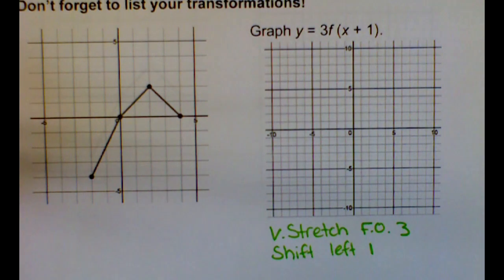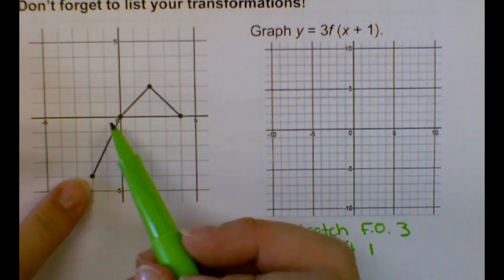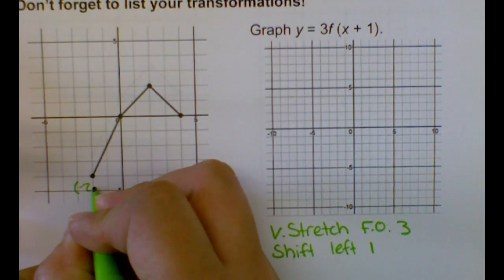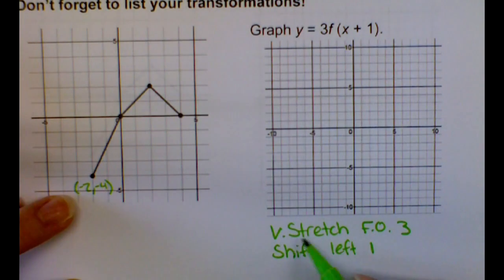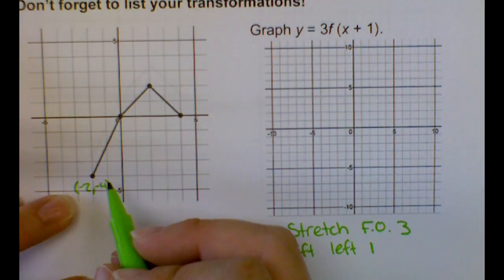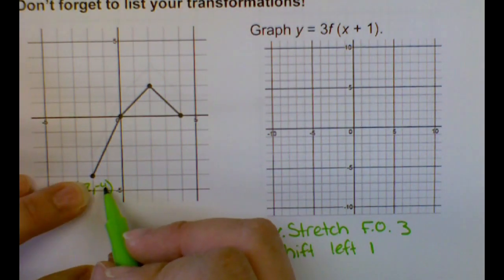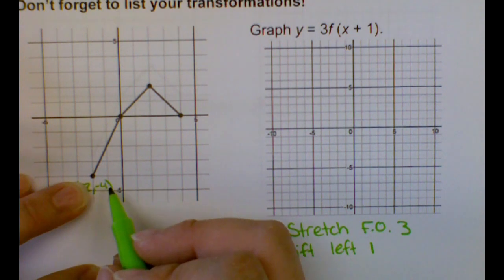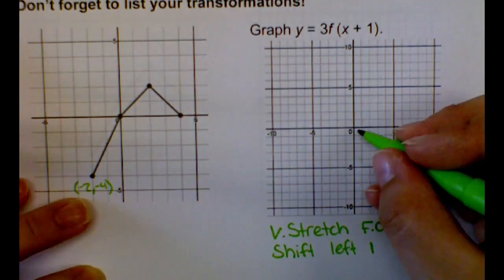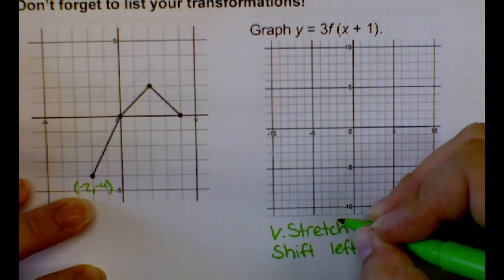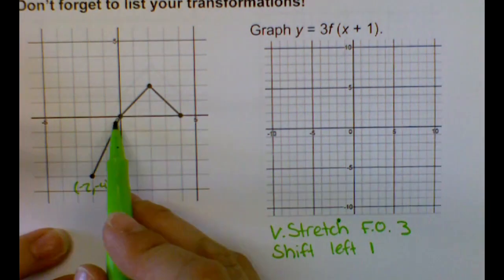So here's how we're going to do this. We'll take a point. This point is (-2, -4). A vertical stretch of 3 means that this y value is going to get multiplied by 3. So it's going to become (-2, -12). That goes slightly off my graph. Okay, (0, 0).